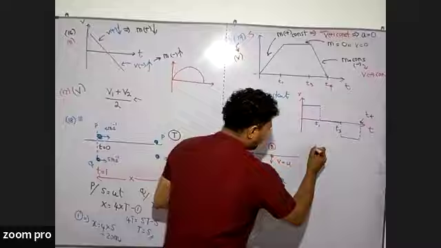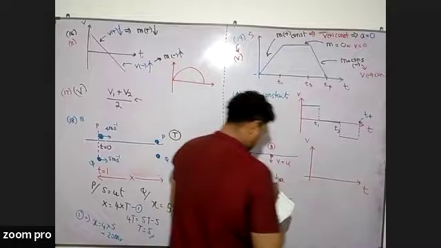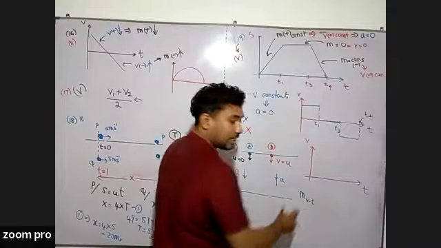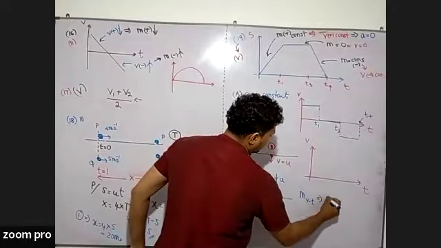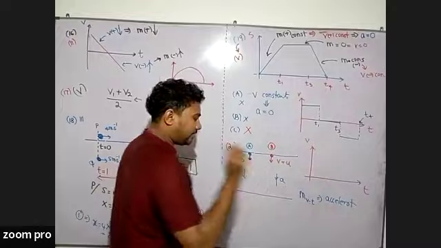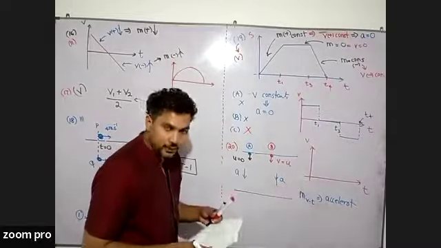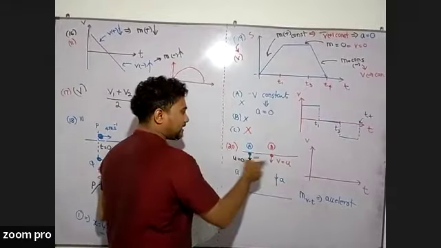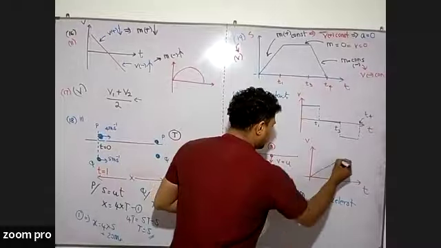Now we have to draw the velocity time graph, right? The gradient of the velocity time graph, I use M to represent the gradient, represents the acceleration. Both objects have the same acceleration, so the gradient for these two graphs should be equal. But what's the difference? This object initiates the motion at rest, and this one has an initial magnitude.